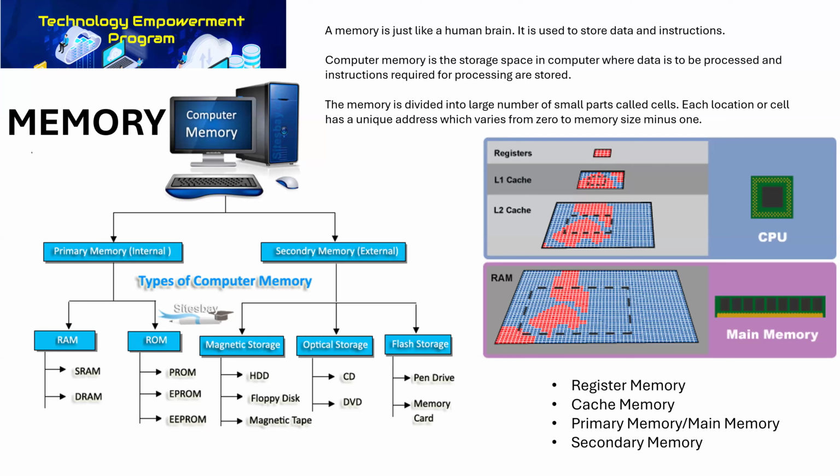You have what we call the register. Register is the smallest. The way it is arranged on the slide is according to their sizes. So register is the smallest, cache is the next, then the main one we call RAM is the next. Then finally you have your secondary storage, which we are going to dwell on today.